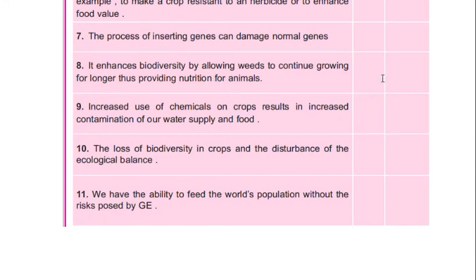4. In 9, increased use of chemicals on crops results in increased contamination of our water supply and food. If we use chemicals on crops, and that is something that is getting bigger and bigger every day, we're going to contaminate our food with chemicals.